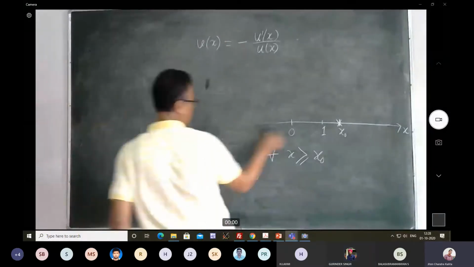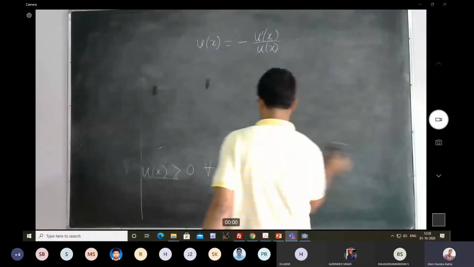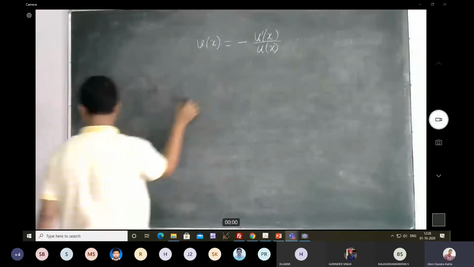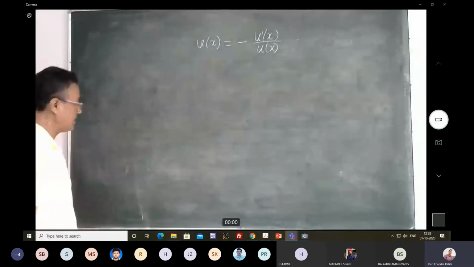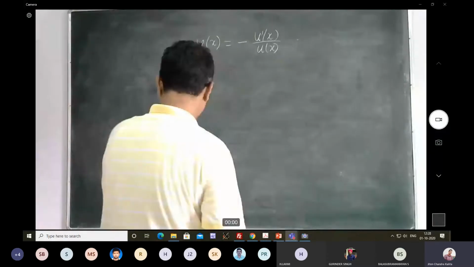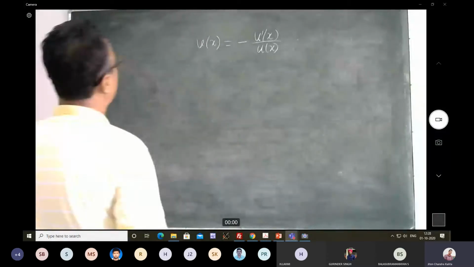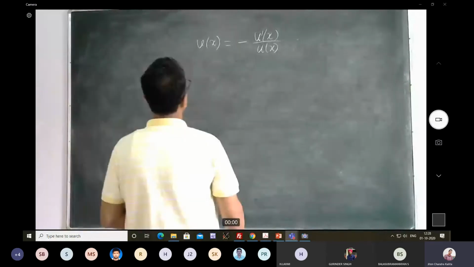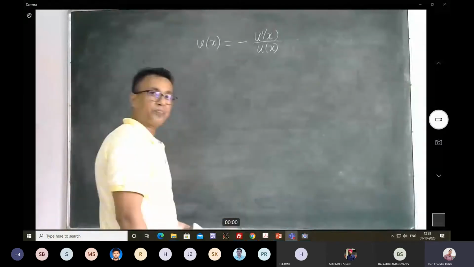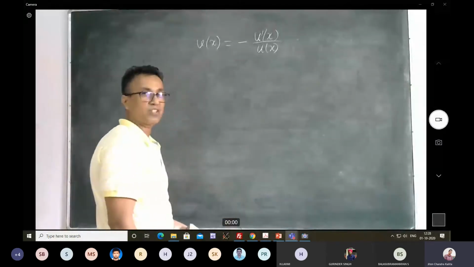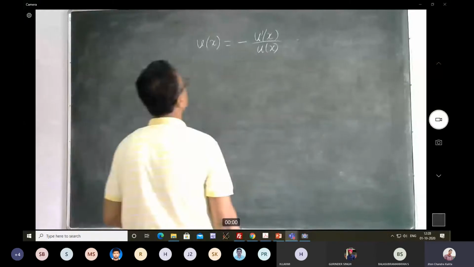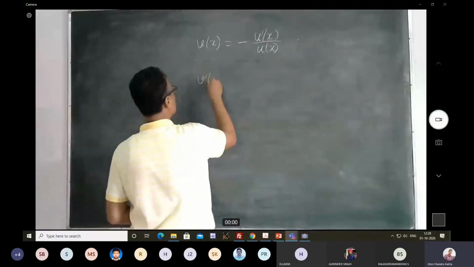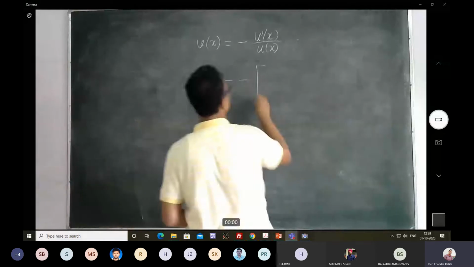So as before, if you recall, when I proved Abel's identity, I was doing something like this. I was trying to find the derivative of that function. So here also I am going to do the same, and now you will see why I am doing this.